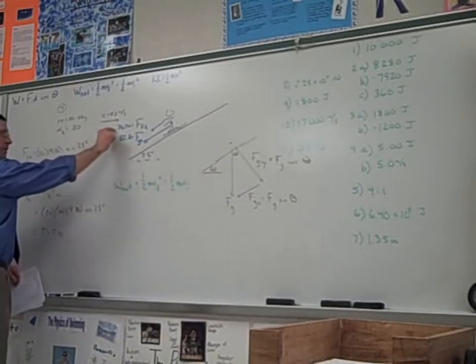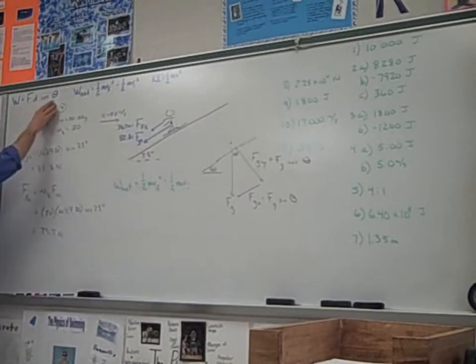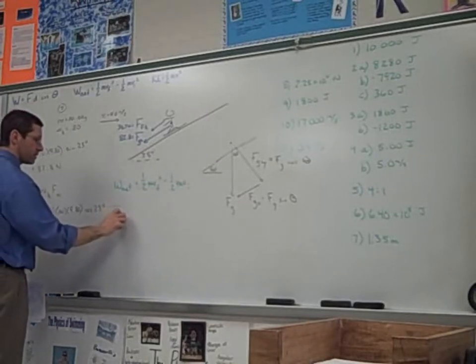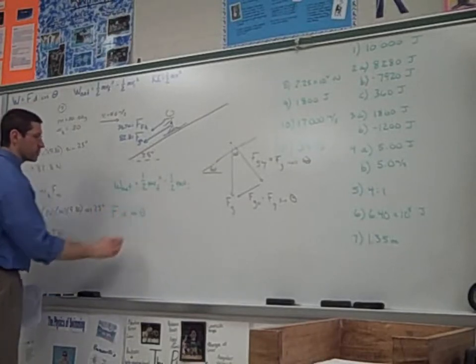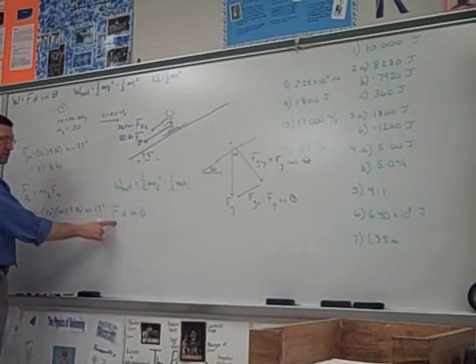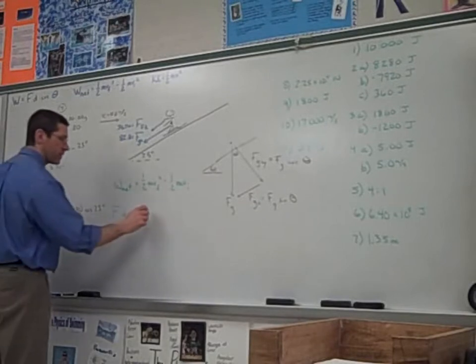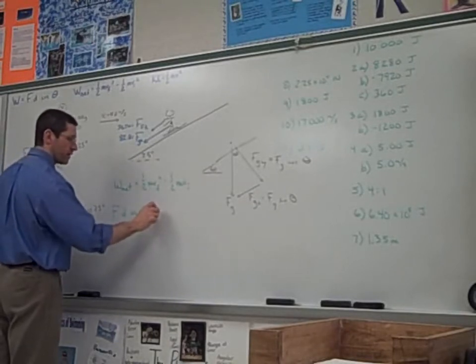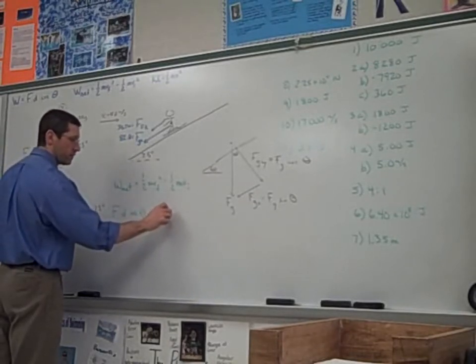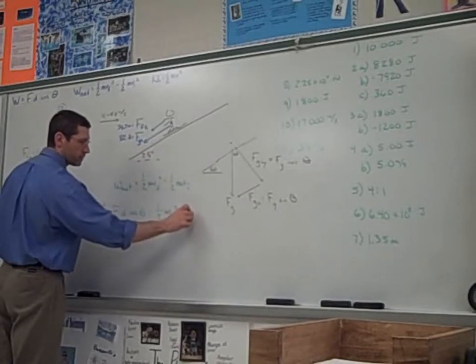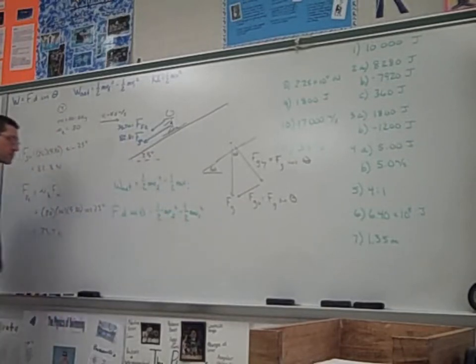So let's put in an equation for work that incorporates d and the value of the forces. So F d cosine theta, and since we're combining forces here, F is going to be the two forces. So we're looking at the work done by the net force equals 1/2 m vf squared minus 1/2 m vi squared.